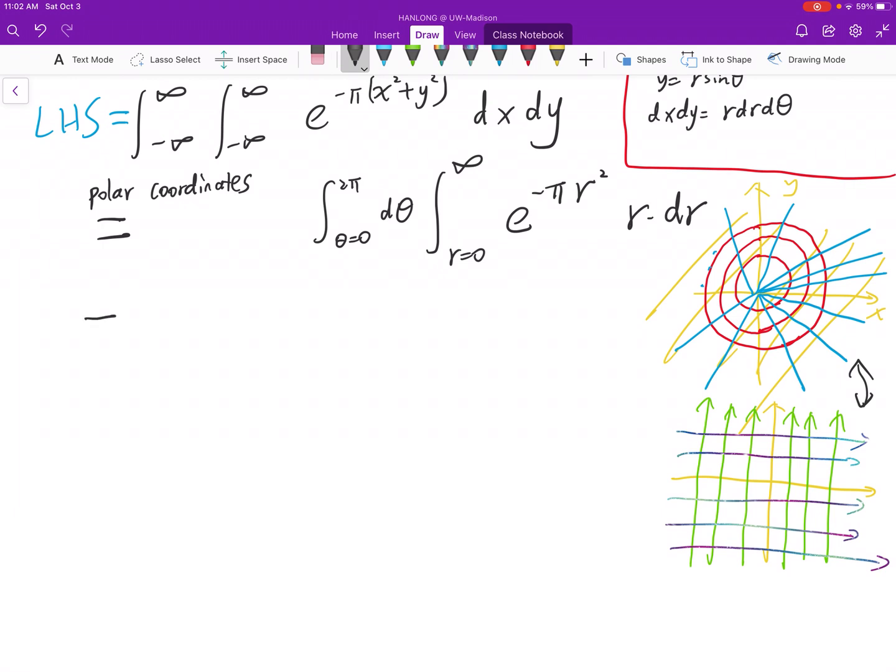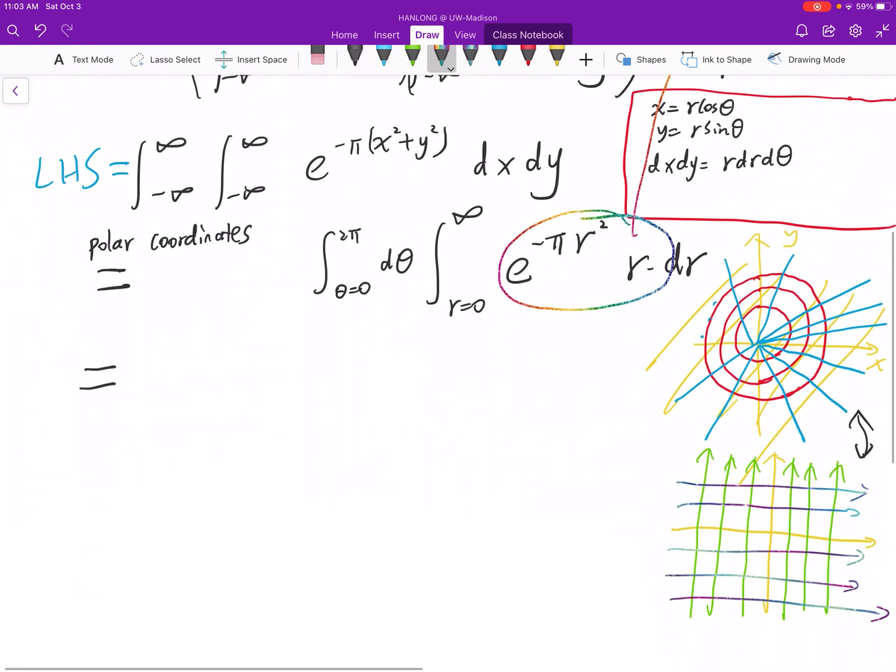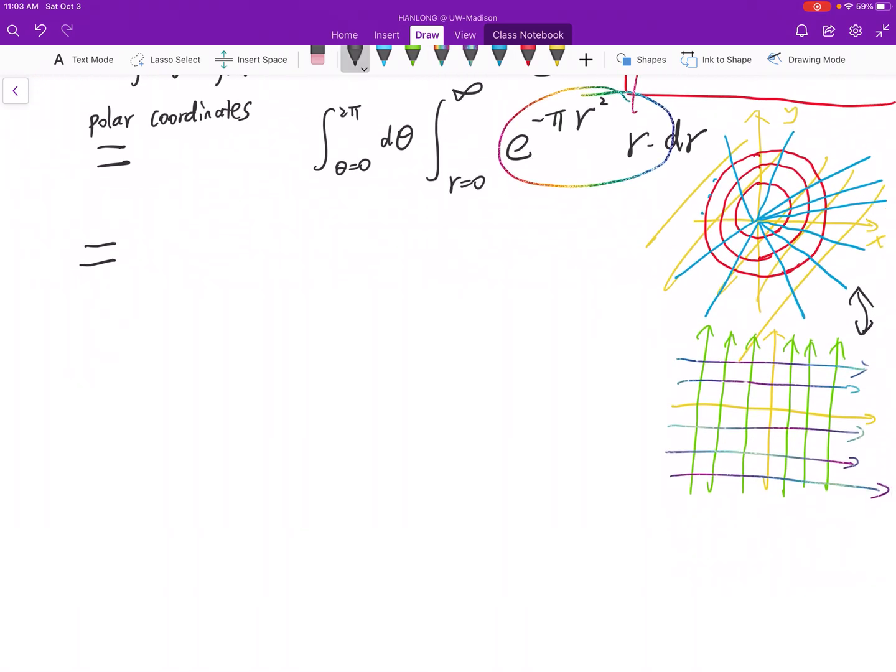Now the significance is given by the extra factor r. Then you can use u substitution. Before that, we first integrate out the theta part because the integrand is independent of theta. So you just collect a 2 pi factor from the theta integration, and then inside you have this one.